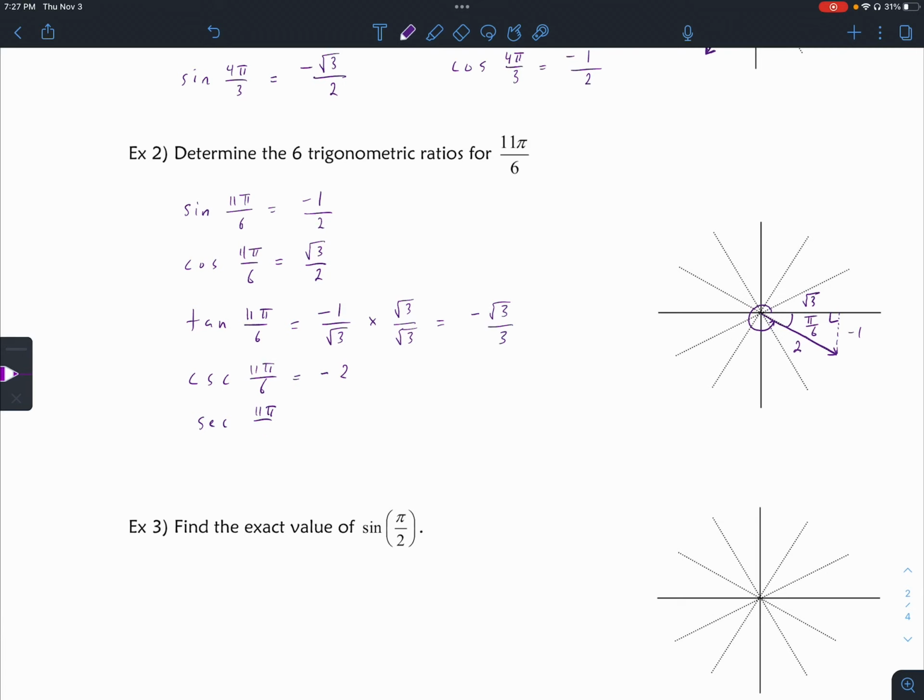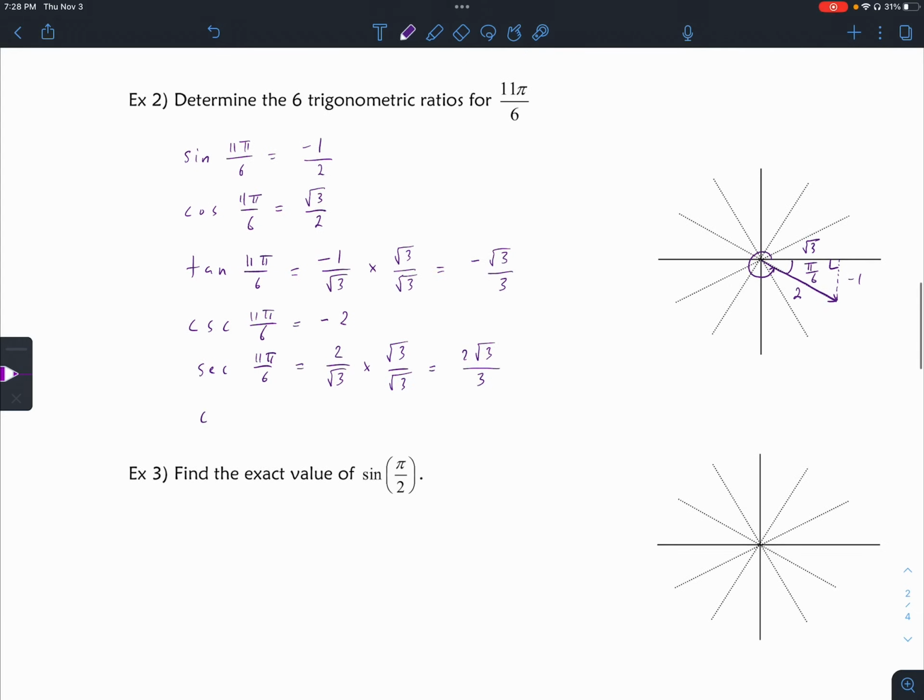Secant 11 pi over 6 is just the reciprocal of cosine, so that's going to be 2 over root 3. When we rationalize that, we multiply the top and bottom by root 3, and that's going to give us 2 root 3 over 3. And then lastly, cotangent of 11 pi over 6 is the reciprocal of tangent. So that's just going to be negative root 3.